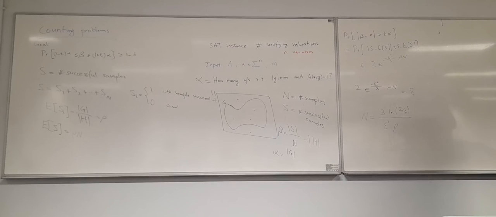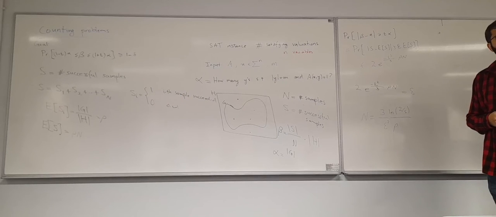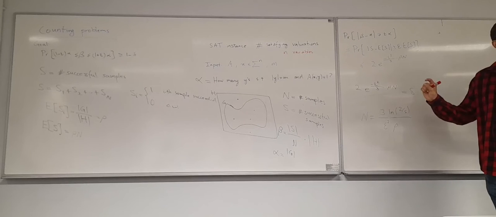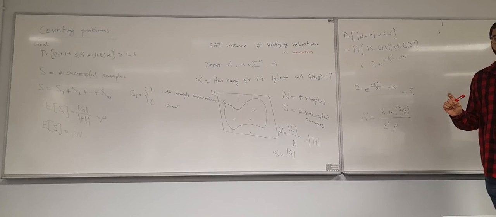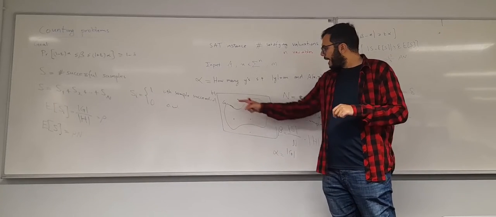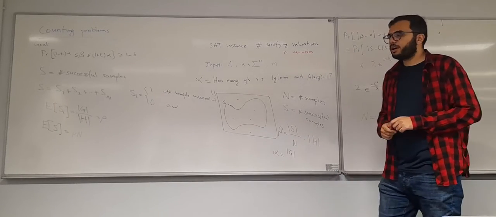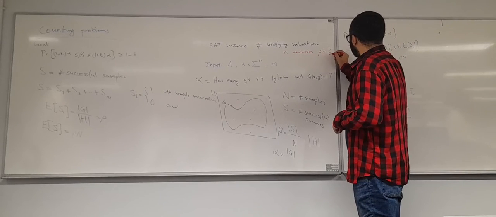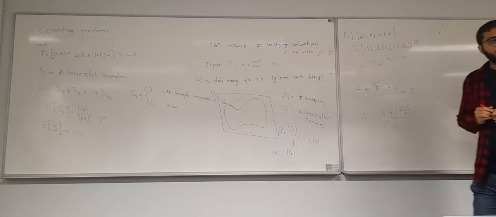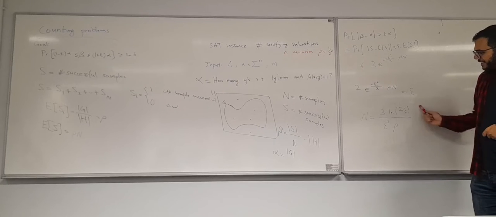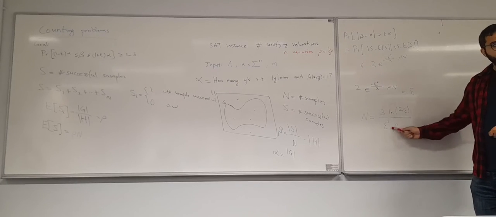The worst case is that my SAT instance can actually be satisfied, but only by a unique kind of valuation. There's only one valuation that satisfies my SAT instance. And then the size of this G would be 1, and the size of H would be 2 to the power of n. So my worst case is that my rho is 1 over 2 to the power of n. And if that happens, then how many samples do I need?